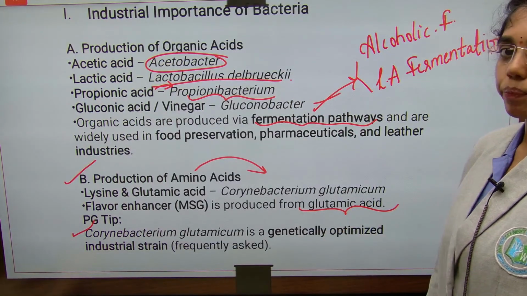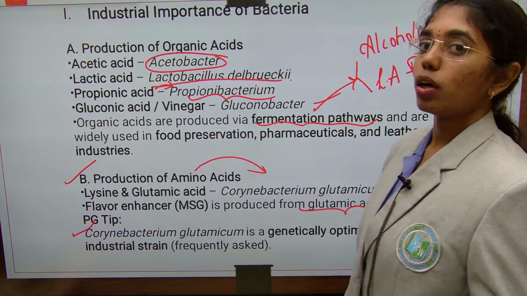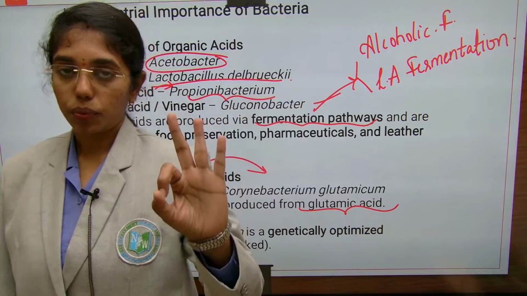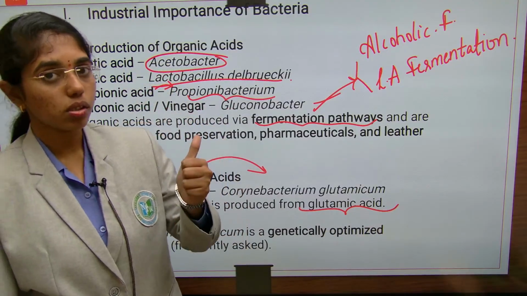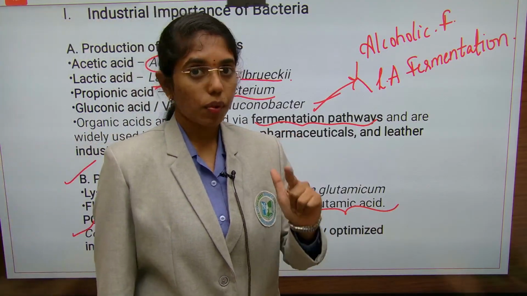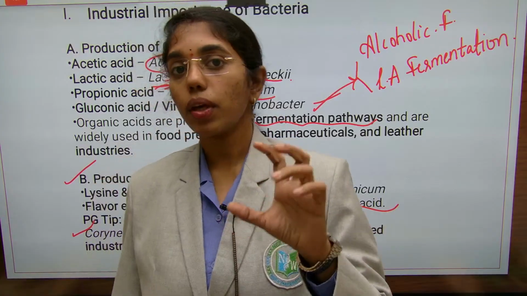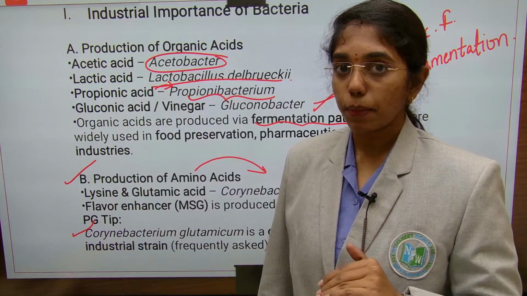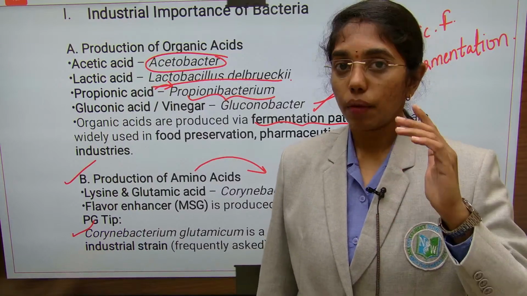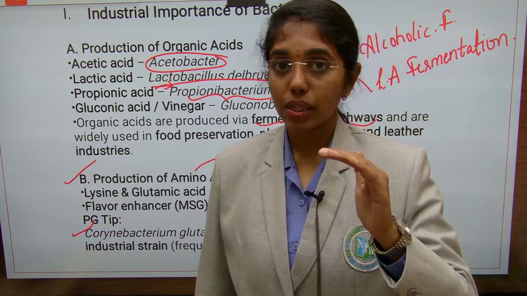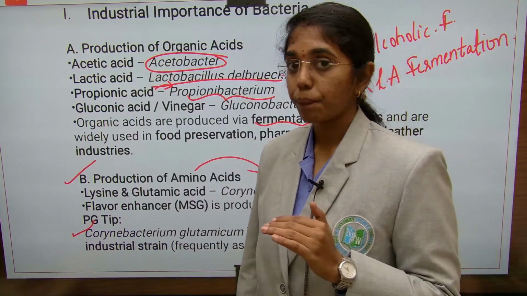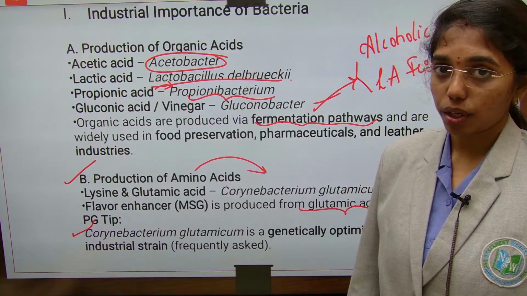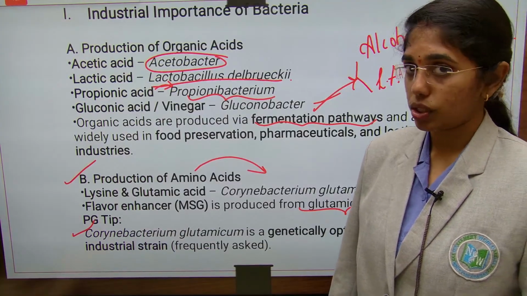Corynebacterium glutamicum. Let me come back to sexual recombination, wherein we have learned three pathways: transduction, transformation and conjugation. From there we can expect mechanism questions and statement based questions. The stepwise mechanism, discoveries, model organisms and the method of gene transfer are important.